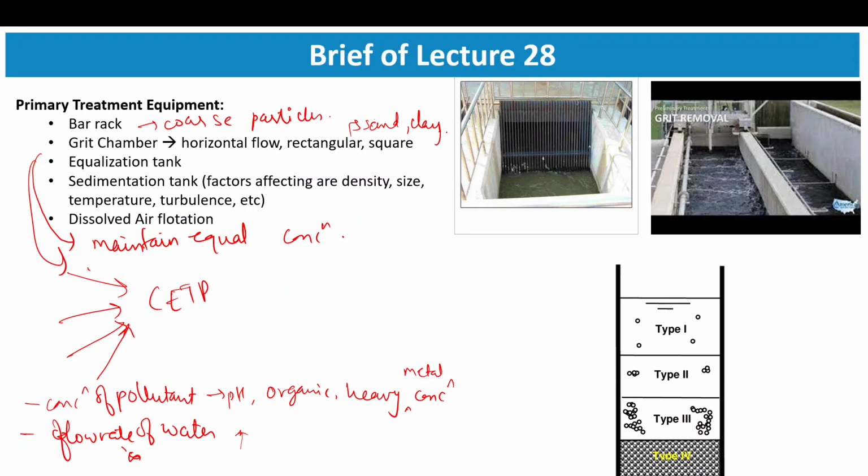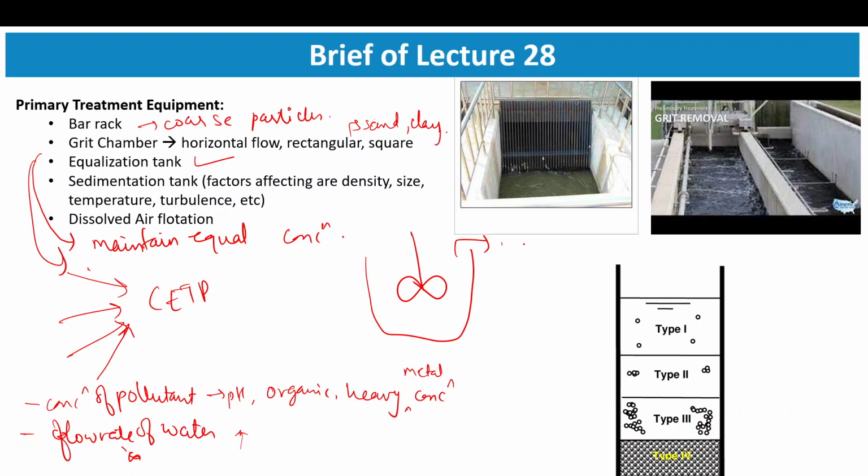So to minimize the fluctuation in the efficiency obtained, you have an equalization tank. You have one tank where you just mix the water to minimize the fluctuations. Here it is just a mixer, and you take the overflow which is further processed.